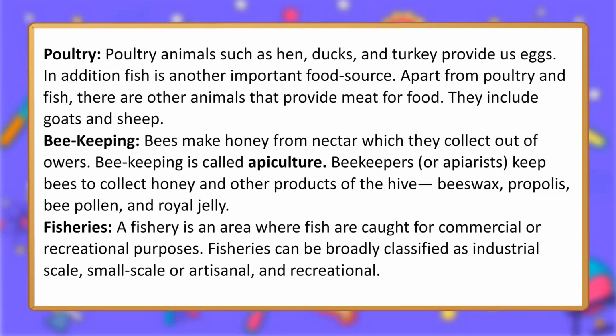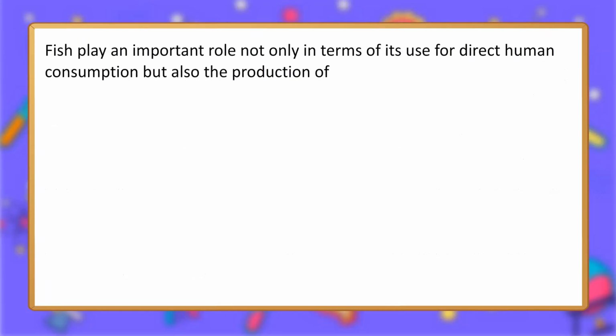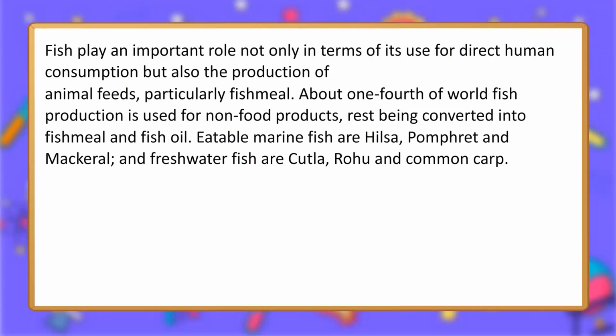Fisheries. A fishery is an area where fish are caught for commercial or recreational purposes. Fisheries can be broadly classified as industrial scale, small scale or artisanal, and recreational. Fish play an important role not only in terms of its use for direct human consumption but also the production of animal feeds, particularly fish meal.